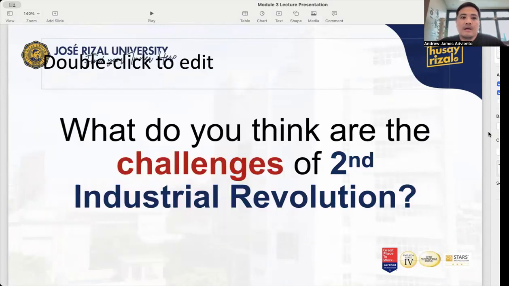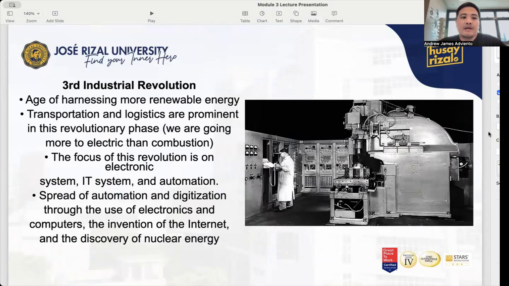And then we entered the third industrial revolution. In the late 20th century, IR 3.0 brought us the digital age, computers, the internet, and nuclear energy.